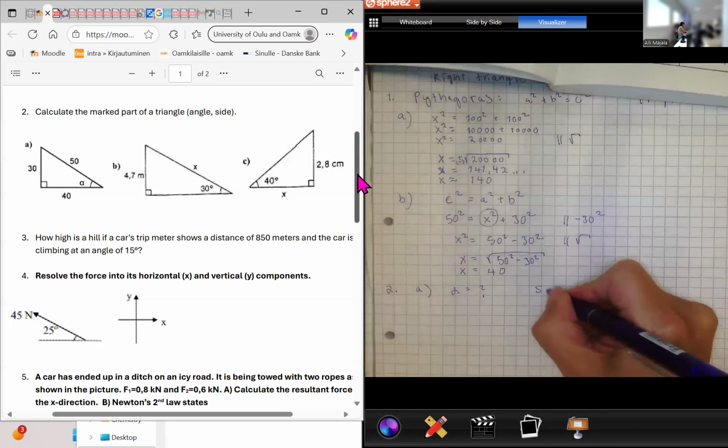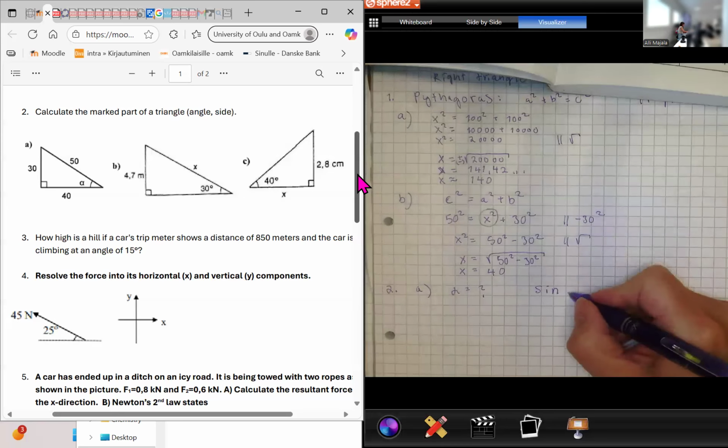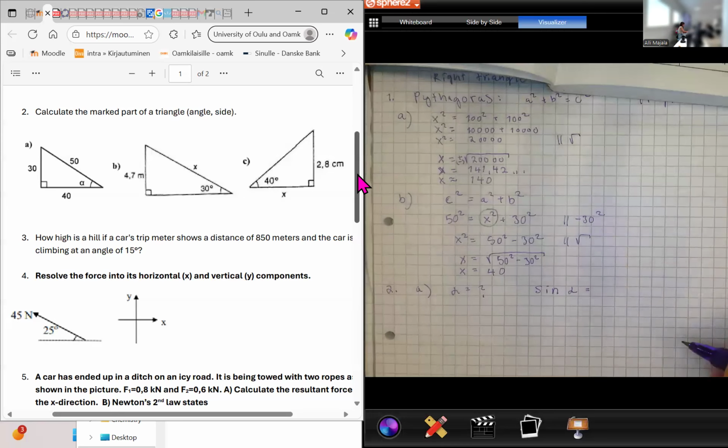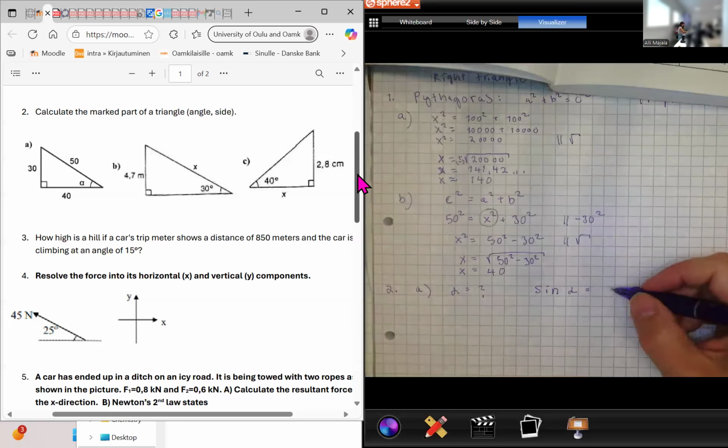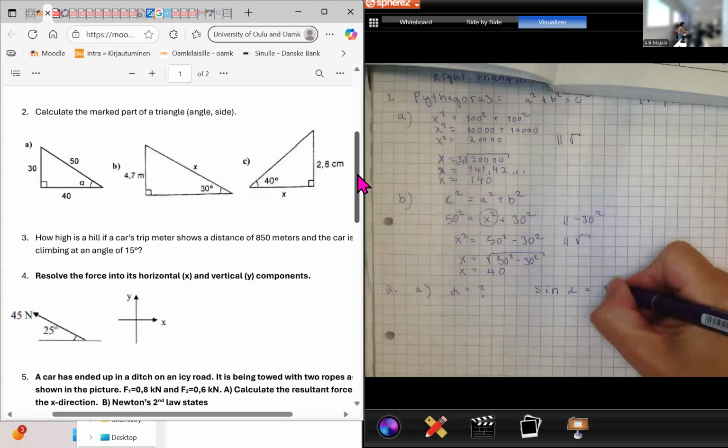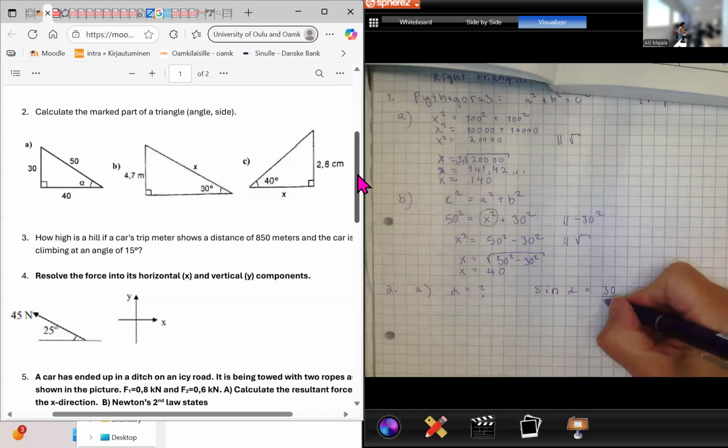So the sin for me there, which is the opposite, divided by the hypotenuse. And the opposite seems to be 30. The hypotenuse seems to be 50.